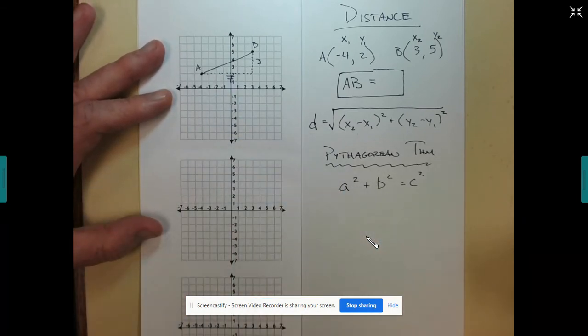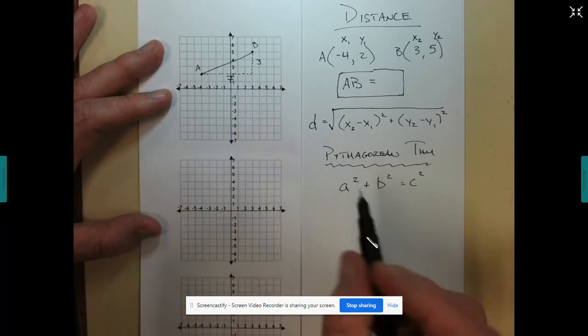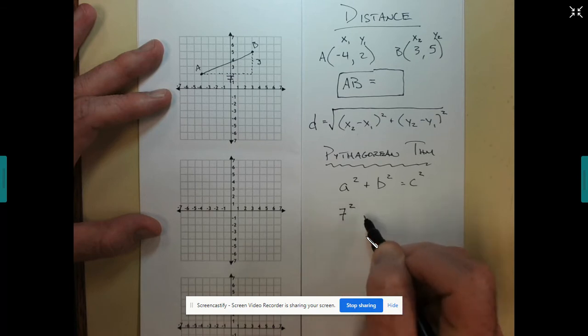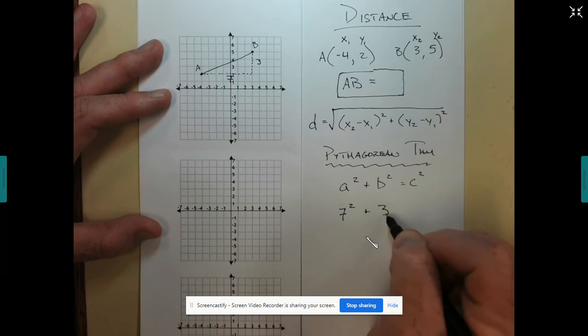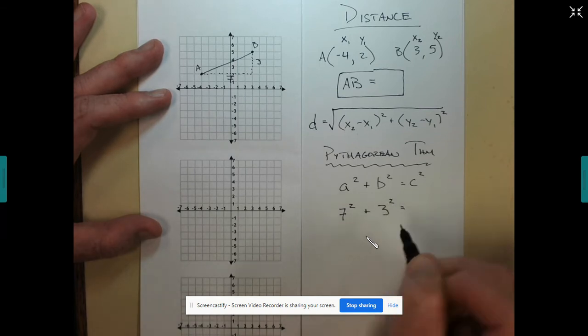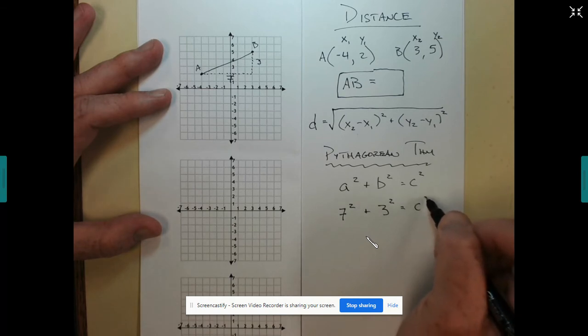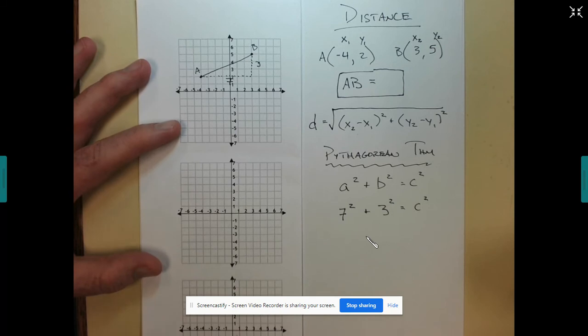It happens to be the side we're looking for in this problem. But since I was able to count the horizontal movement there, I can plug that in for either A or B. And I can put the vertical movement in for whichever one I didn't use before. So 7 squared plus 3 squared, I want to find what makes c squared there.